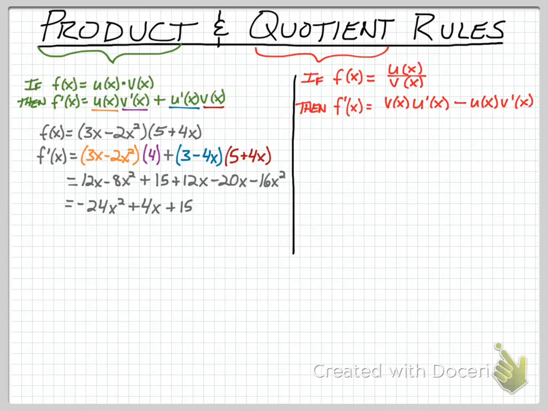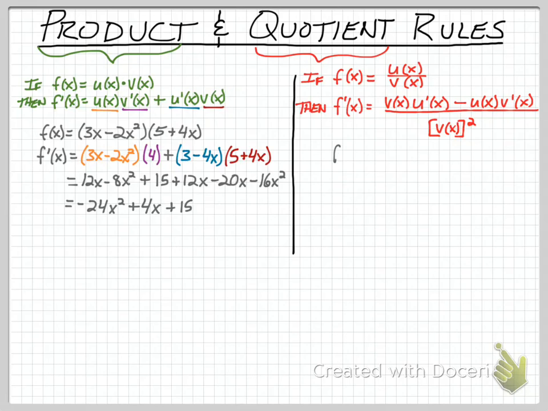And then all of that is going to be over v of x squared. You can see it definitely looks similar to the product rule, but it has some differences as well, in the organization, which ones come first, which ones come second, and so on.